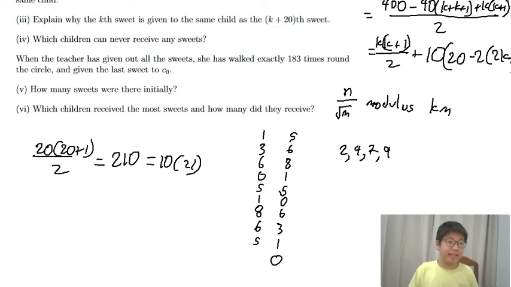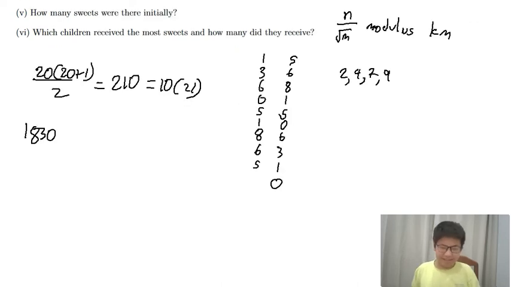When the teacher has given out all the sweets, she has walked exactly 183 times round the circle. I bet the teacher has a lot of sweat. And she gave the last sweet to C0. How many sweets were there initially? It's simple. So 1830. We can solve a quadratic equation, but even better is to use the triangular root function.